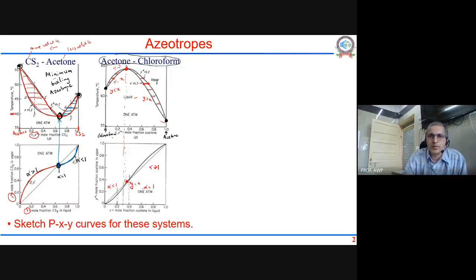This particular temperature, the azeotrope temperature, is higher than the individual boiling points. It is the maximum temperature over this entire composition range. So this particular azeotrope is called a maximum boiling azeotrope.